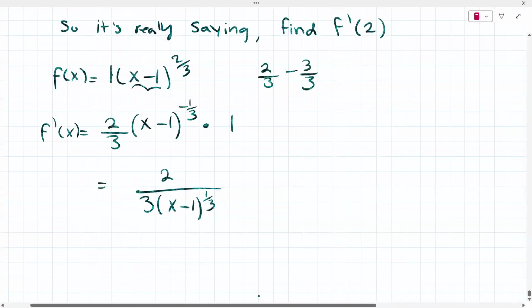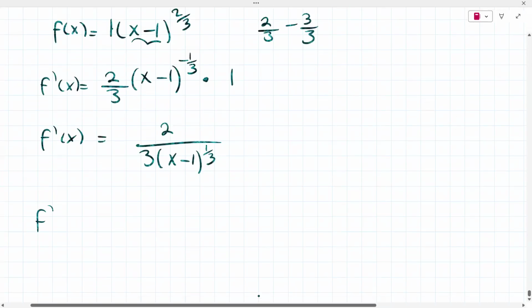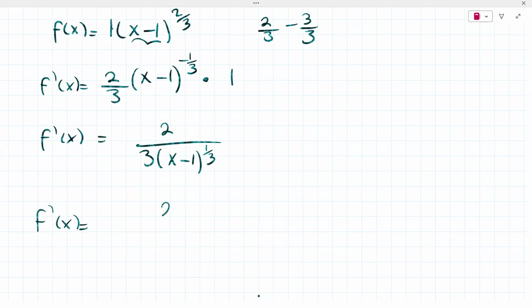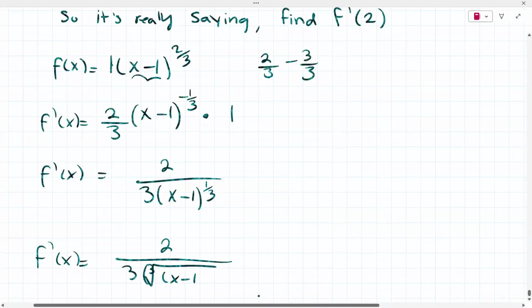And you can rewrite this as a cube root. So this is 2/3, and then you've got the cube root of x minus 1. And then you may apply the x value too.